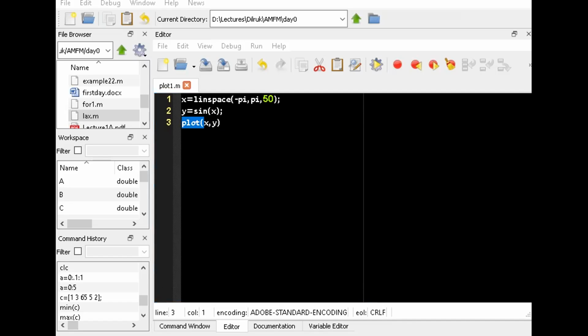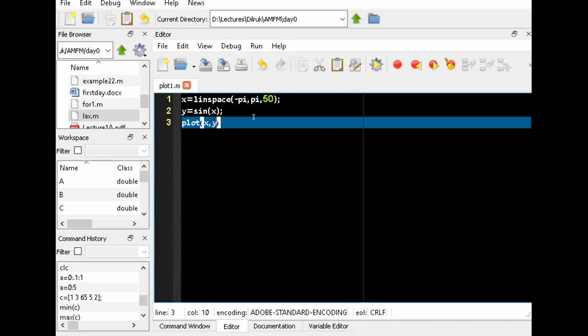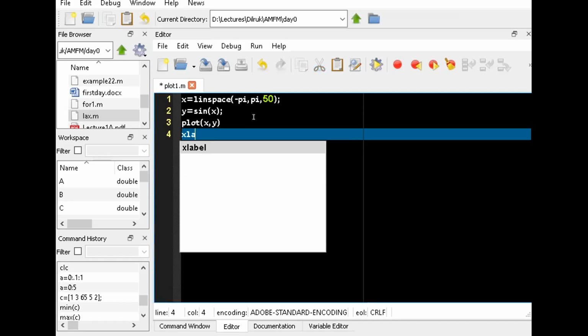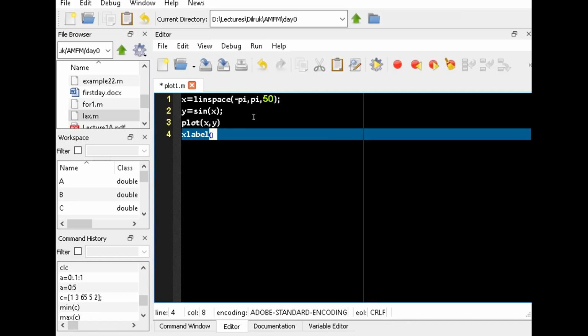Now, if you want to add a label, how do you do that? You remember you did these things last year, right? xlabel, you can define here. Give a name. Let's say this is your x-axis.